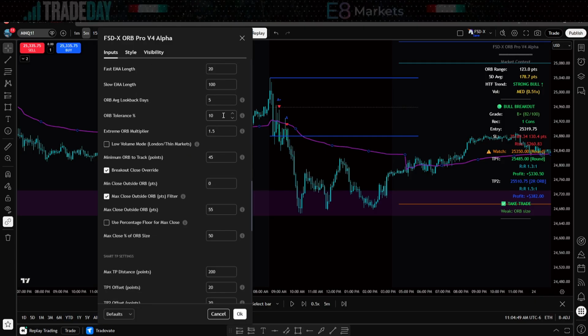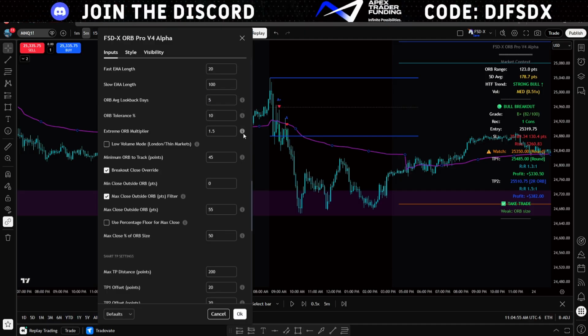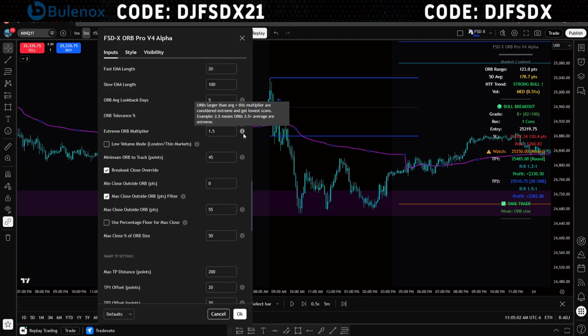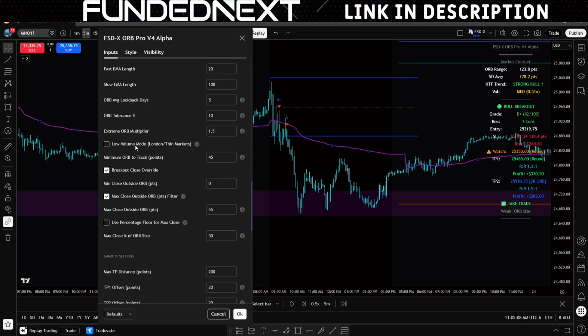If you look here, it'll basically give you a summary of what it does in this one as well. So yeah, I have it set to 1.5, so it can't be 1.5 times bigger than the orb size that it is currently for the 5 days. This is low volume. You can use it.